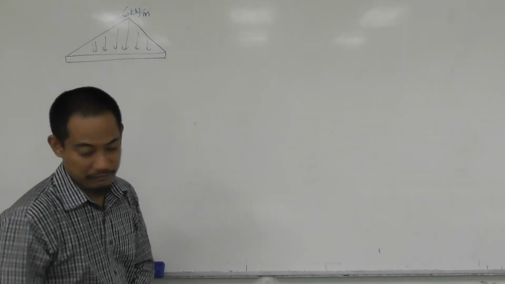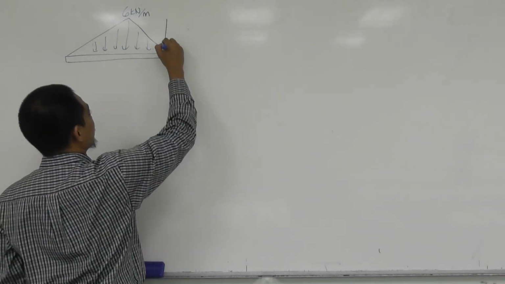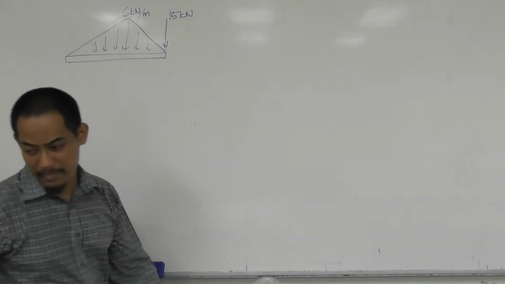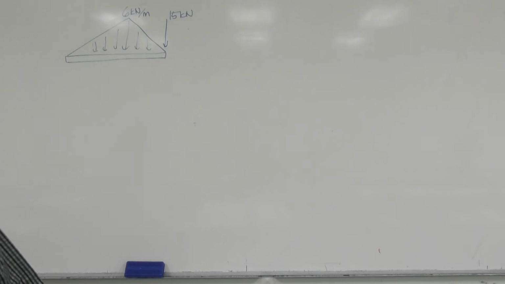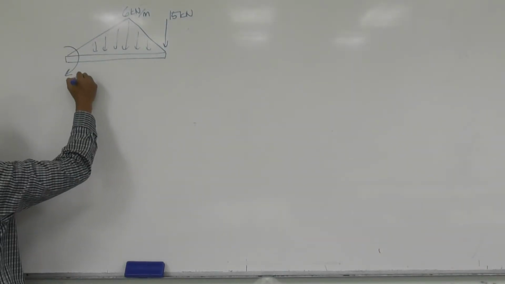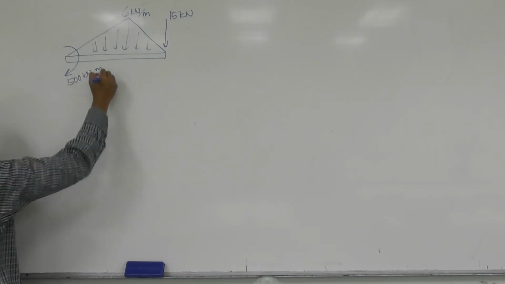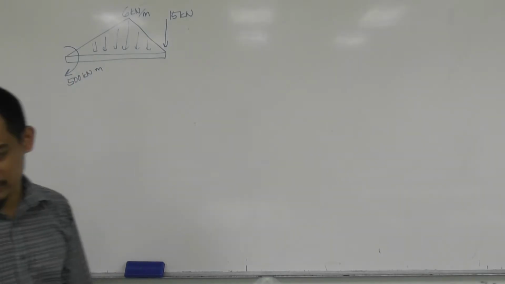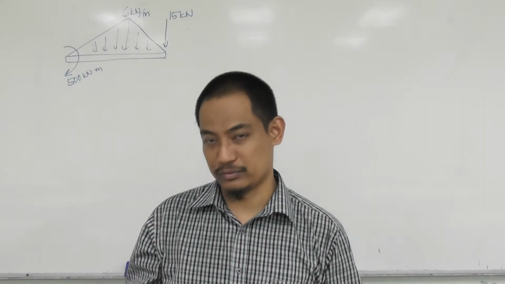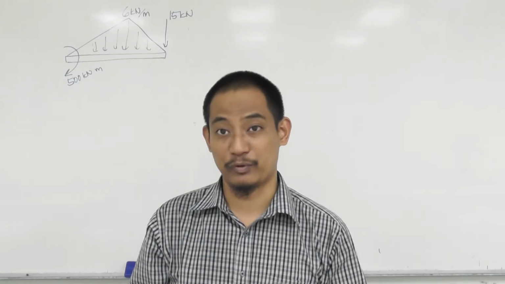And then you have a force of 15 kilonewton at the end, and 500 kilonewton meter there. The question says: given the distributed loading, find the equivalent force and couple moment acting at point O.